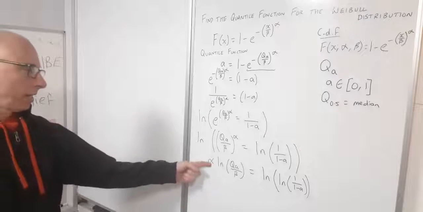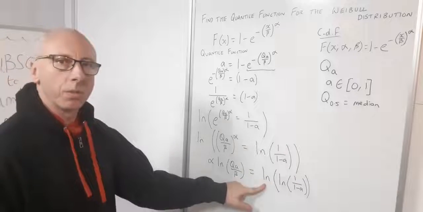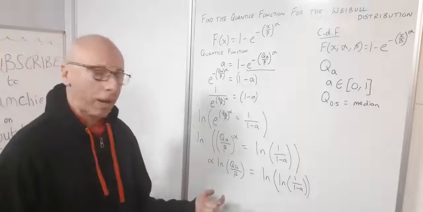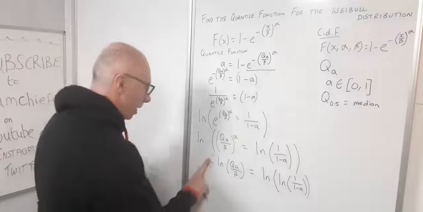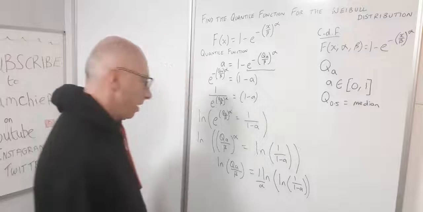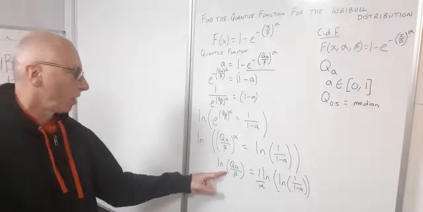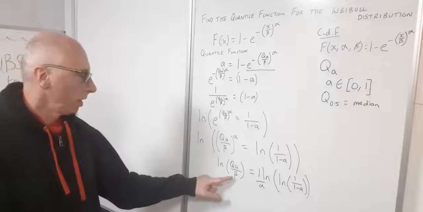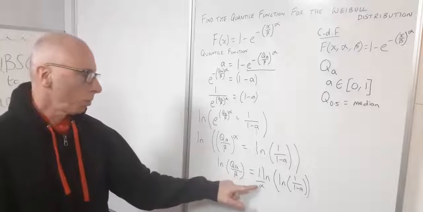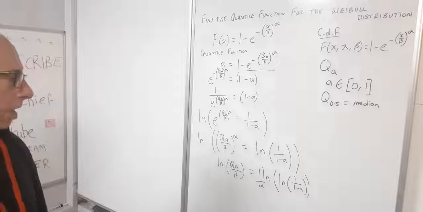Okay, now this alpha here I can bring over to this side. If I divide both sides by alpha, that will take care of dividing everything by alpha. So now I've got the natural log of Q, my quantile, divided by beta equals 1 over alpha times the natural log of all of this.